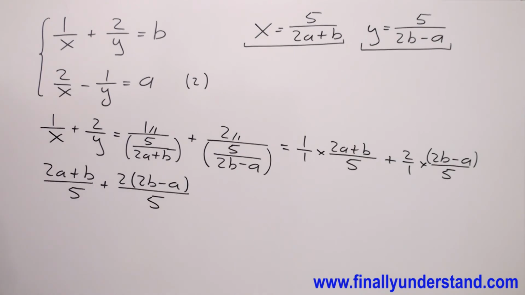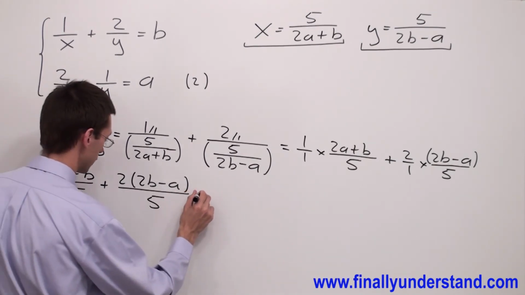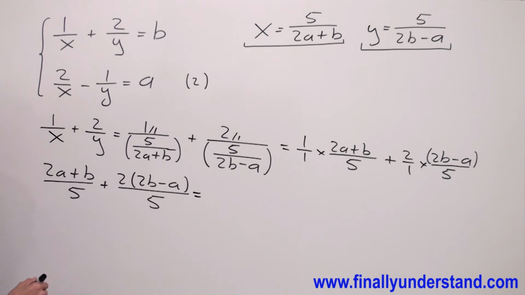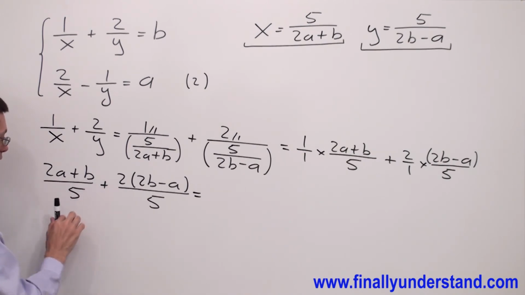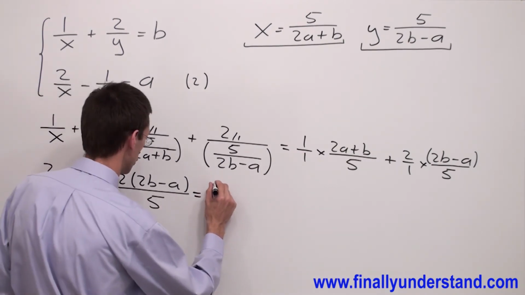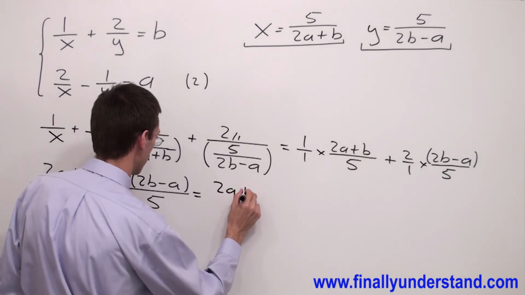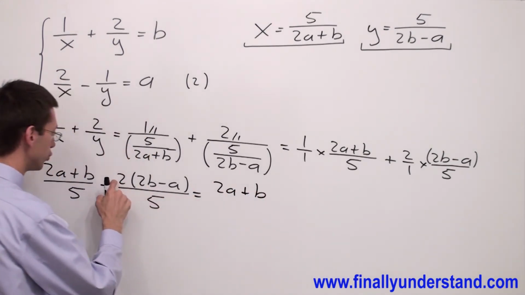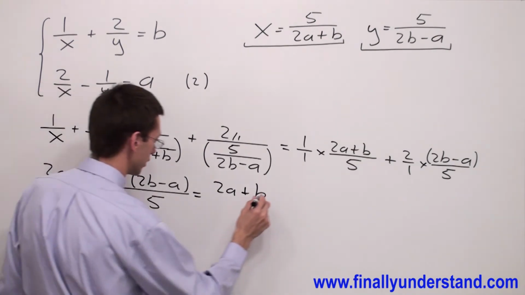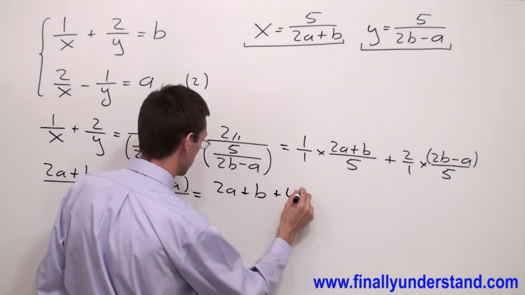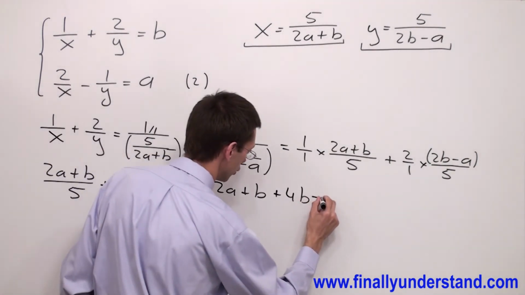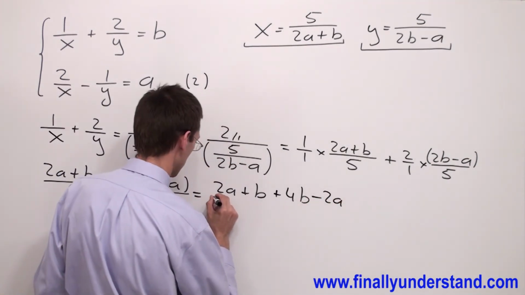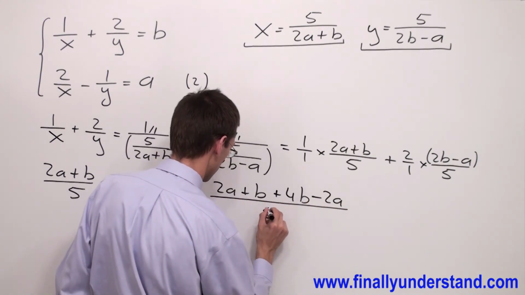Okay, I'm doing everything step by step just to make sure that every one of you understands everything I'm doing. Okay, so we have a common denominator. If you have a common denominator, you can add these fractions. So I'm going to write 2a plus b, and I have 2 times 2 gives me 4b, and 2 times negative a is negative 2a, over the common denominator, which is 5.